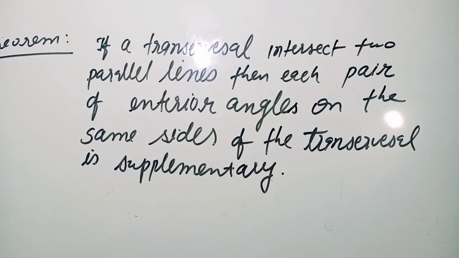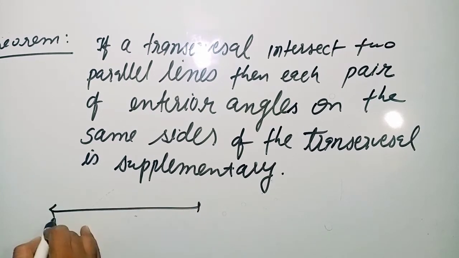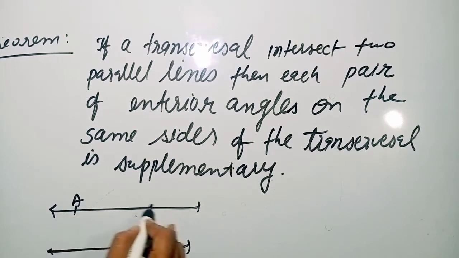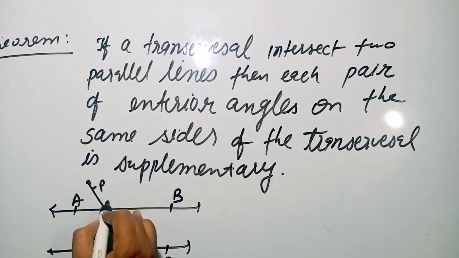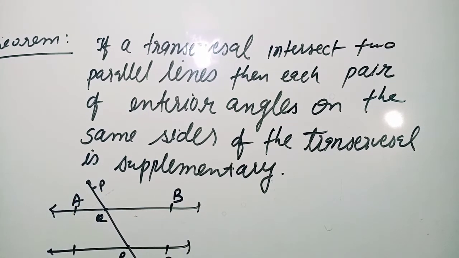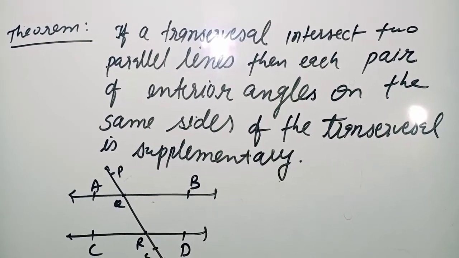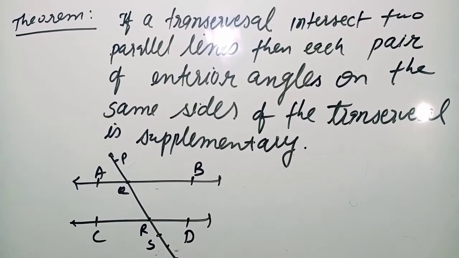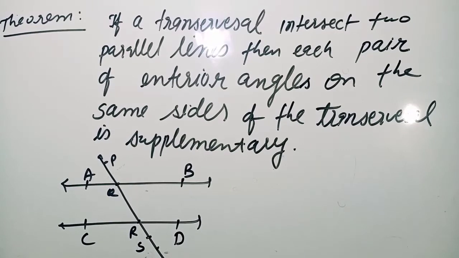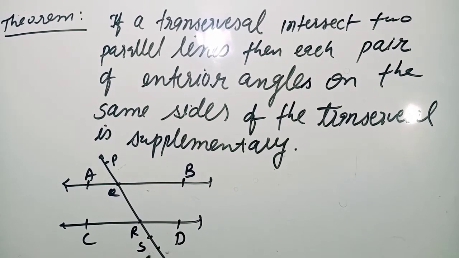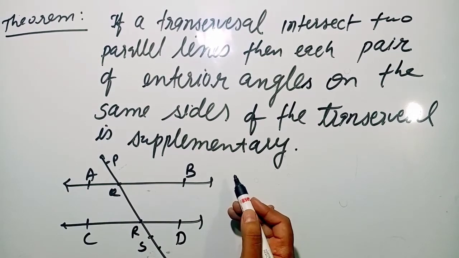So here let us see two parallel lines AB and CD. Transversal P, here is Q, here is R, and here is S, right? So interior angles on the same side means angle AQR plus angle CRQ, right?